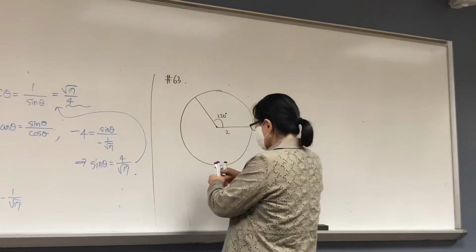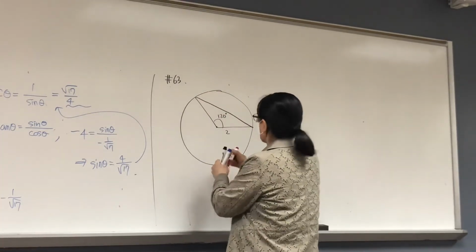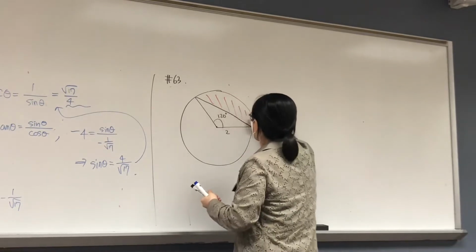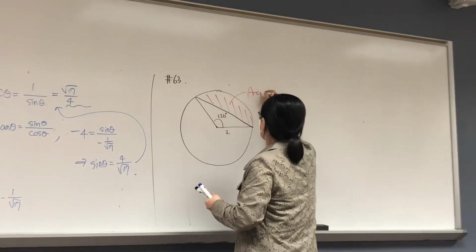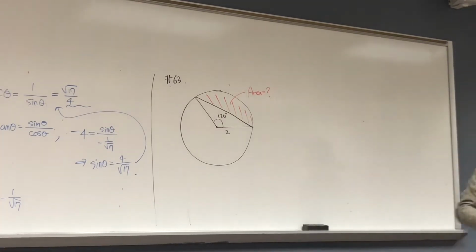And we are looking for the area of this. To solve this problem, let me give a hint. You should know about the area of a sector, and you should know about the area of a triangle. Right? If you know that, then no problem.